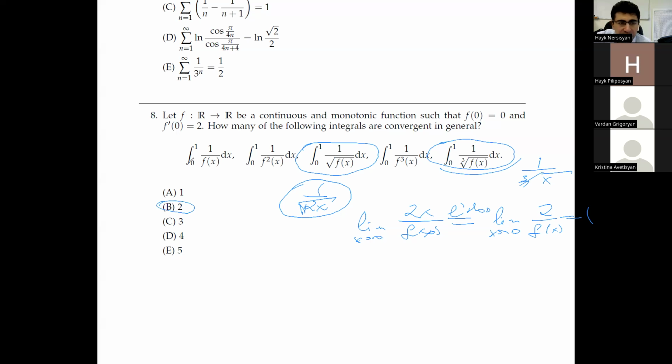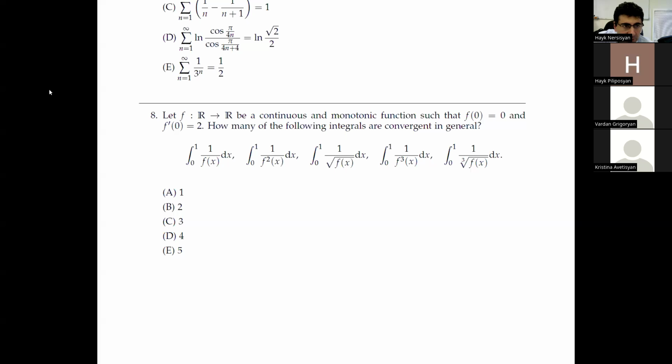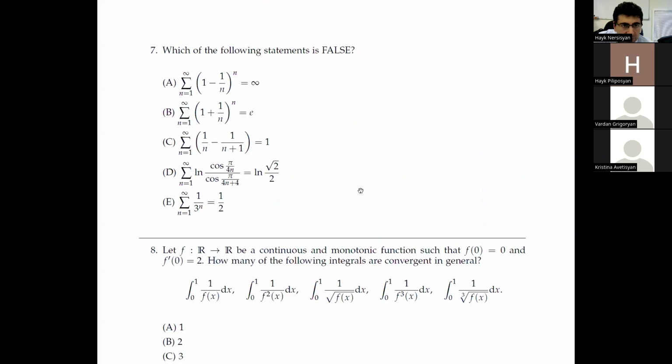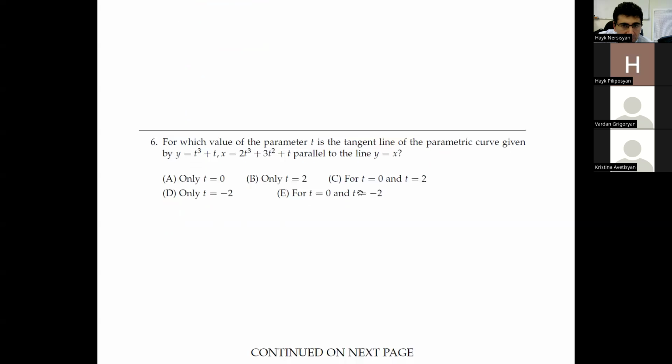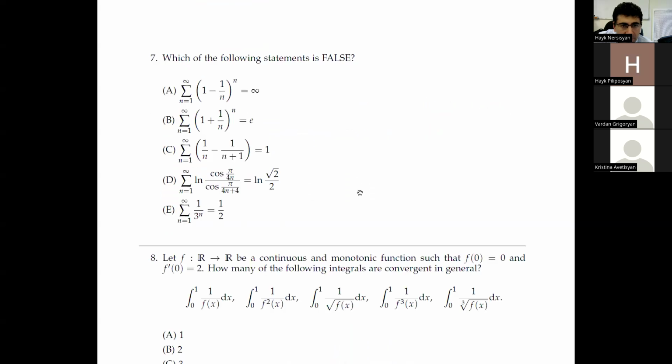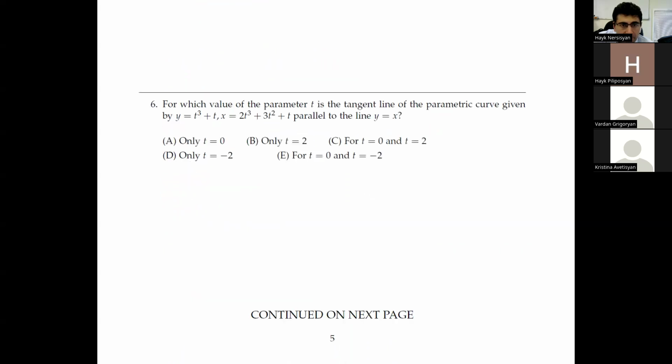2022, multiple choice number 6, is also a question from the chat. We are given a parametric curve: y equals t cubed plus t, x equals t cubed plus 3t squared plus t.